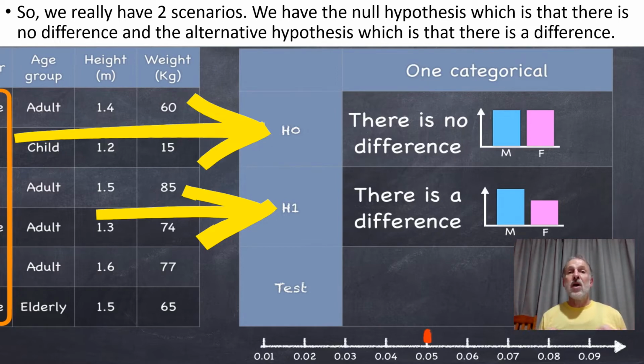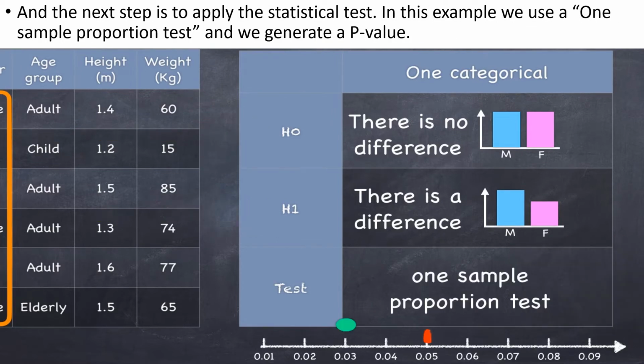And now, in order to make sure that it was not just coincidence that we've seen what we've seen in the sample, we have to test it statistically. So I believe you can all see this scenario, that we're sitting with two mutually exclusive hypotheses, and the next step will now be to apply a statistical test to see which one we can keep and which one we're supposed to reject.